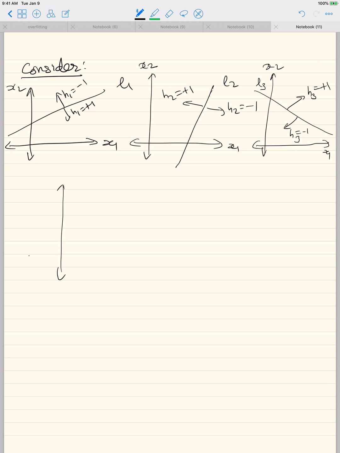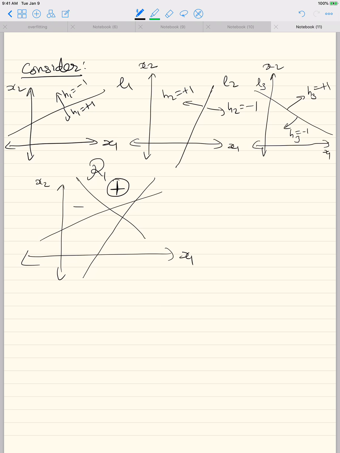So in the x1, x2 plane, we had those three lines and we wanted the label to be plus here in R1 and minus everywhere else. So we want the output y1 hat to be +1 if and only if x belongs to the region R1.